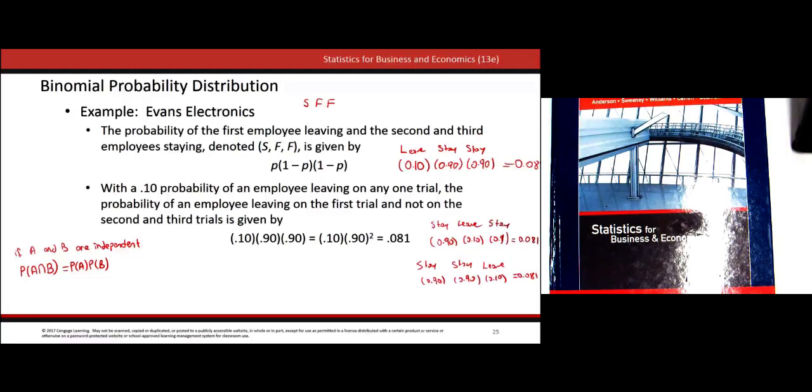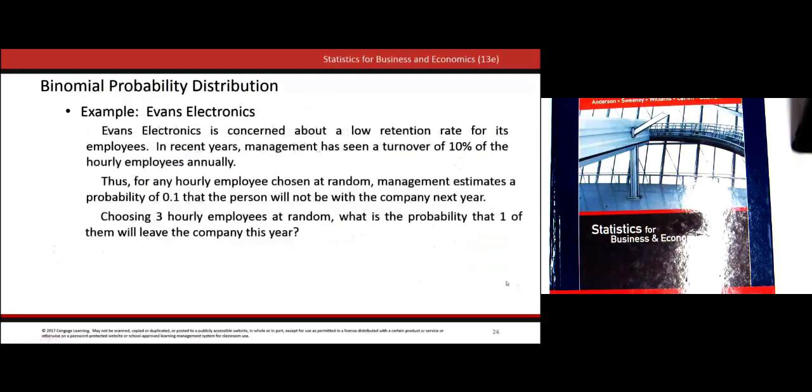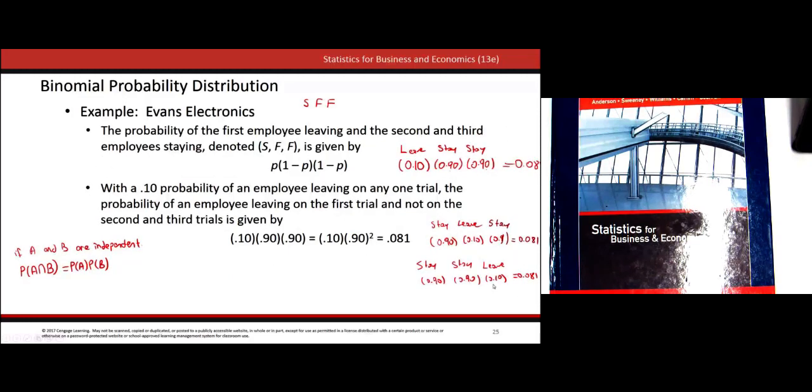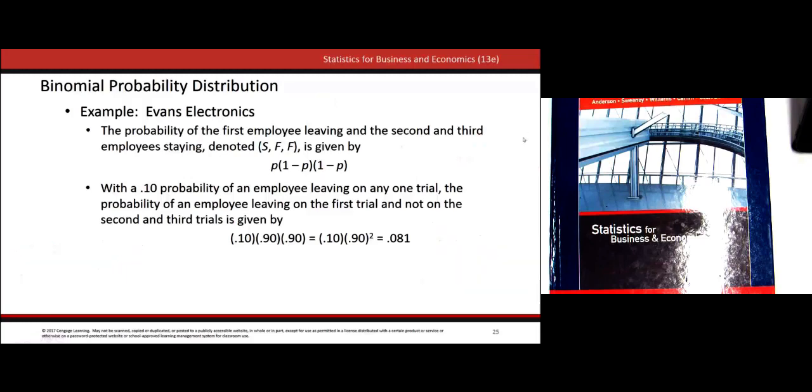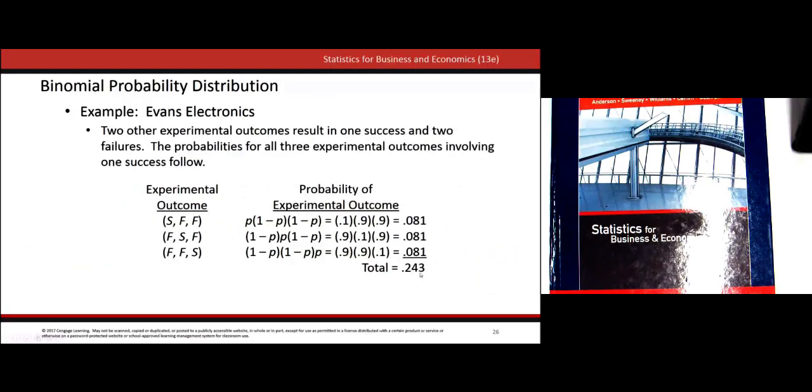So we have three outcomes that end up with one leaving the company, other two staying. So what's the probability that one of them will leave the company, which is the sum of these probabilities, which is 0.243.